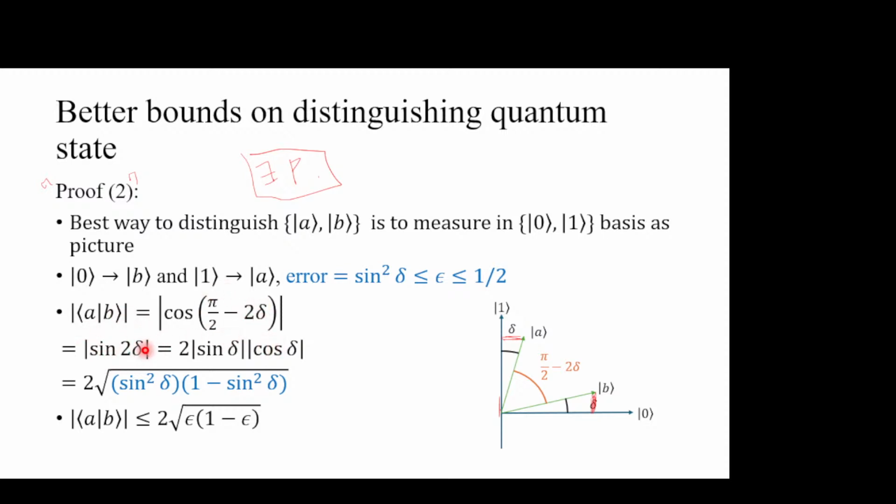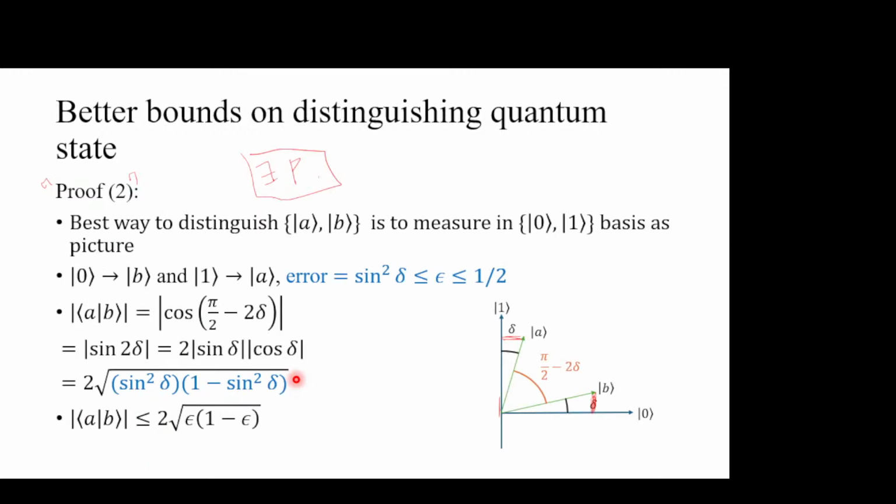Then we use the formula sine 2 delta equals 2 sine delta cosine delta. The norm of sine delta is the square root of sine squared delta, and the norm of cosine delta is the square root of cosine squared delta, and cosine squared delta is 1 minus sine squared delta.